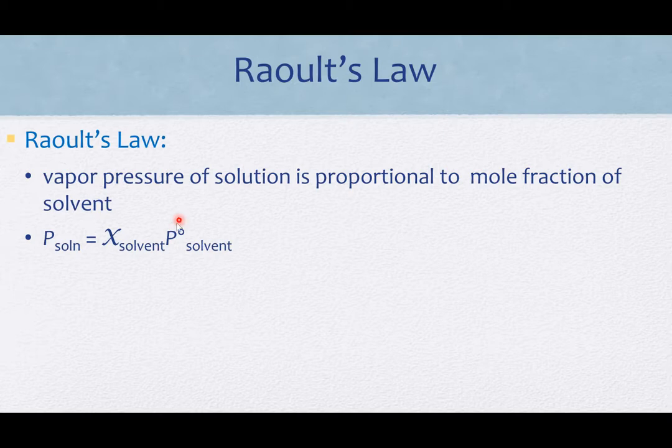So this would be the vapor pressure of, let's say, water by itself. And this would be the pressure of the solution. So after I put a particle in there, now what's the pressure of the solution? Okay. So pressure of the solvent times the mole fraction of the solvent gives us the new pressure. And that new pressure should and will be lower. Okay.